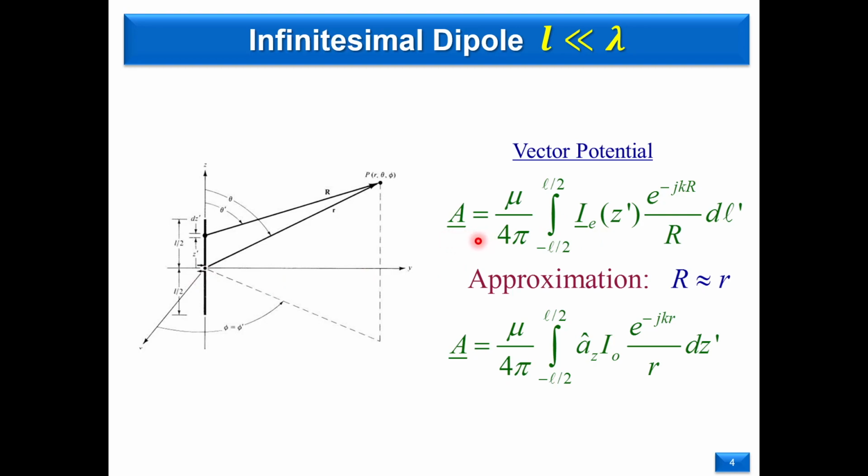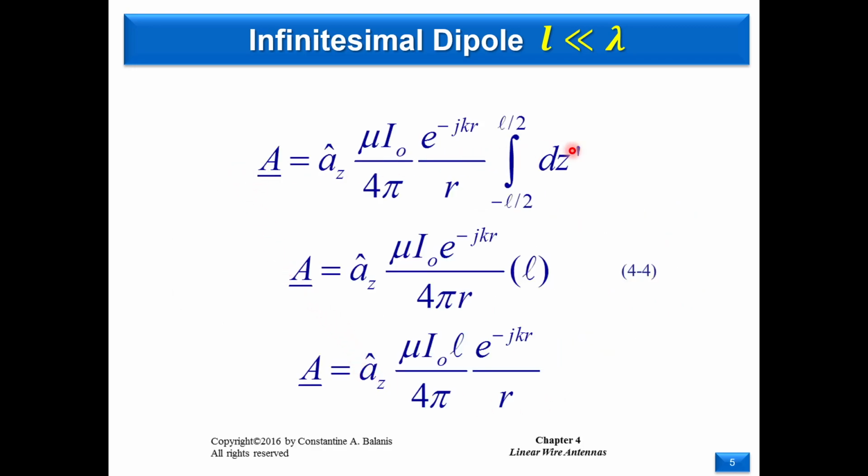Now just writing the expression for A, the auxiliary function, the vector potential A, as a function of the source. Here the source is a linear current, and we have this equation. In this equation, as I said, R capital is approximately equal to R small, because R prime is approximately 0. We just substitute and we are ready to integrate.